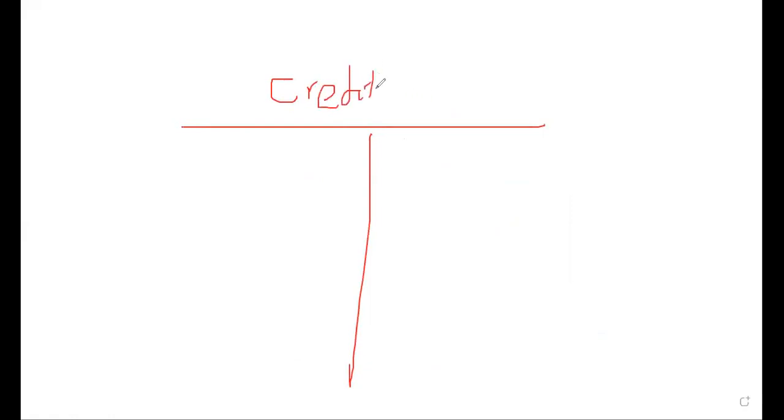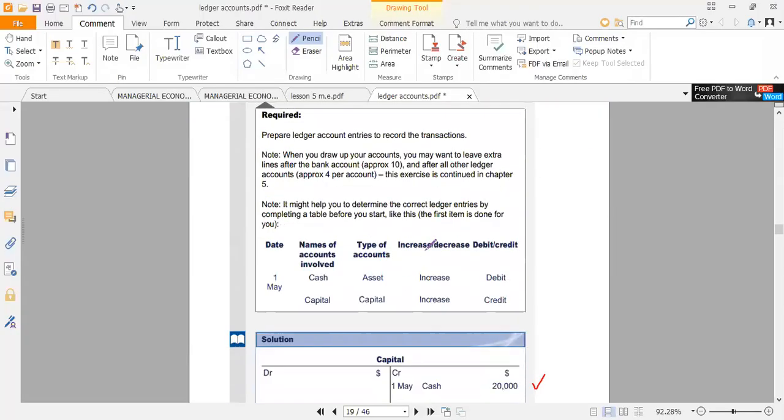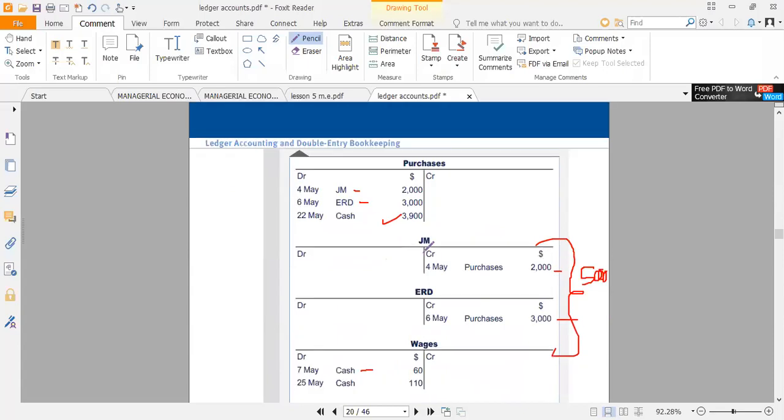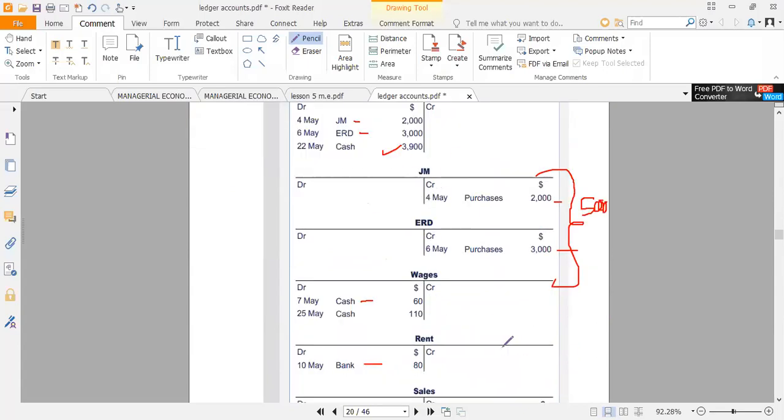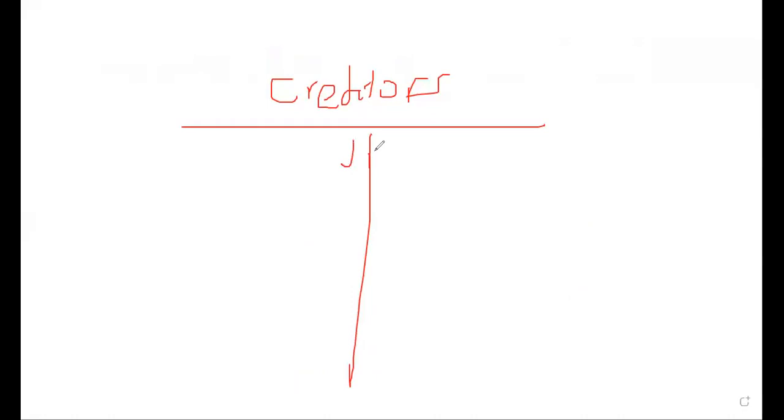Under creditors, we have the accounts we're talking about here. You start putting them one by one in here. So you now put JM in here, JM 2000.